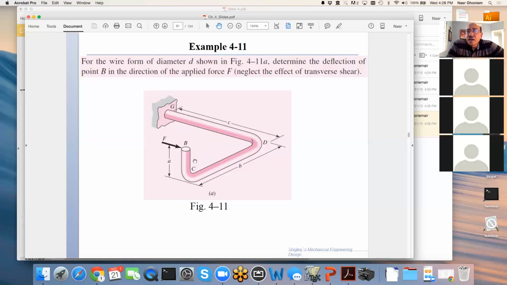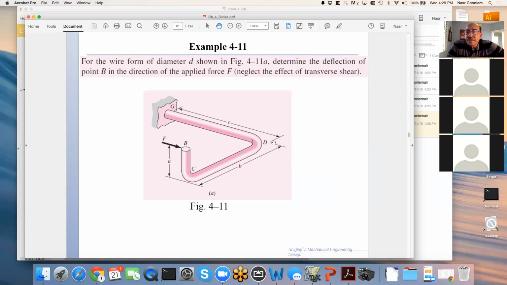If we examine this problem, I see that I have one section that is vertical from B to C, so I have to cut it here and look at the energy stored in B to C, and then another section from C to D.